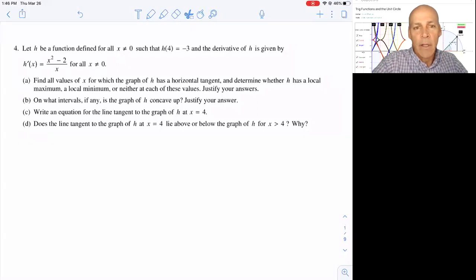That should be right in our wheelhouse. We've written only about 10 million equations of tangent lines since the start of the year. And then finally, part D, does the line tangent to the graph of h at x equals 4 lie above or below the graph of h for x greater than 4, and why? Okay, so go ahead and dive in.